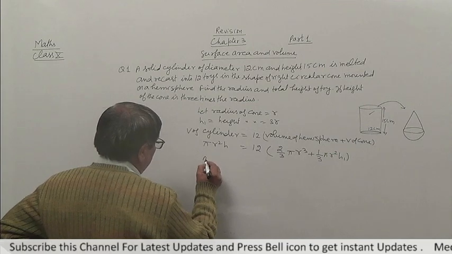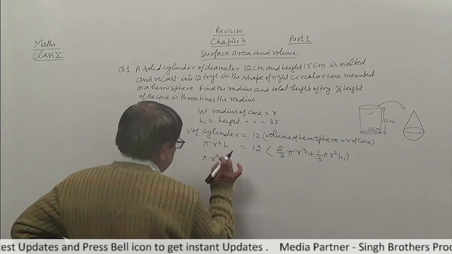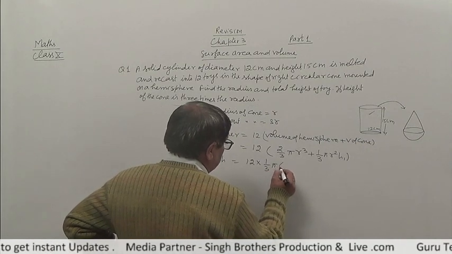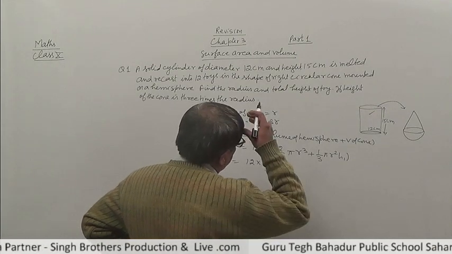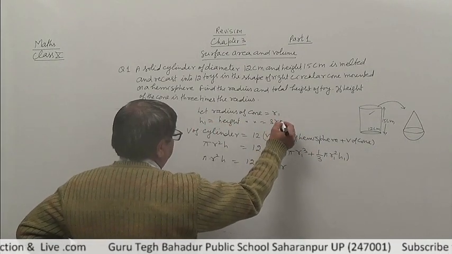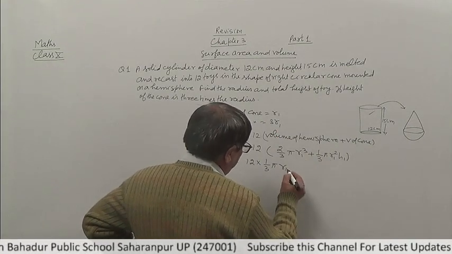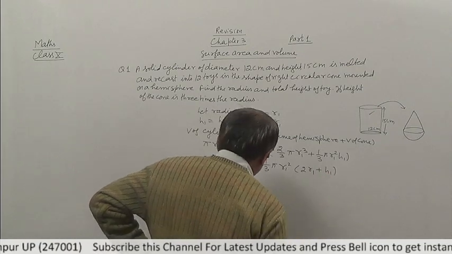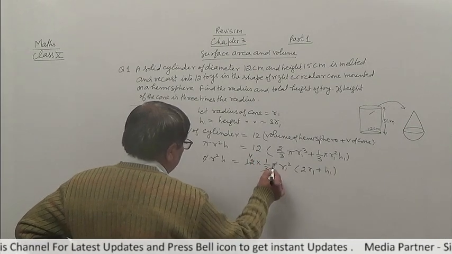So pi r square h is equal to 12, taking 1 upon 3 pi common, and r1 square is also common, 2r1 plus h1. 3 4s are 12, pi and pi cancel.